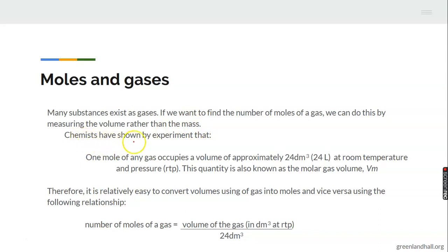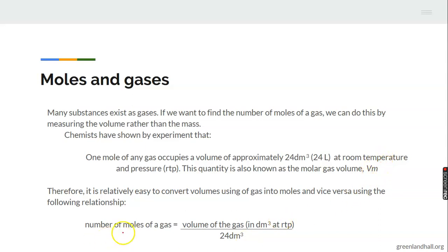Chemists have shown by experiment that 1 mole of any gas occupies a volume of approximately 24 cubic decimeters at room temperature and pressure, that's RTP. The quantity is also known as the molar gas volume, which is represented by Vm.